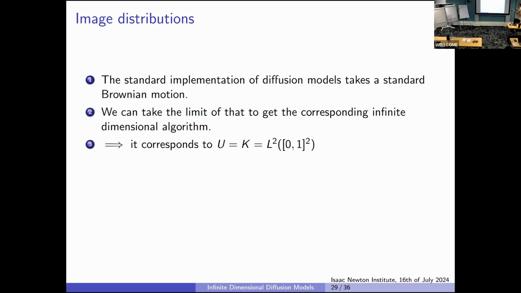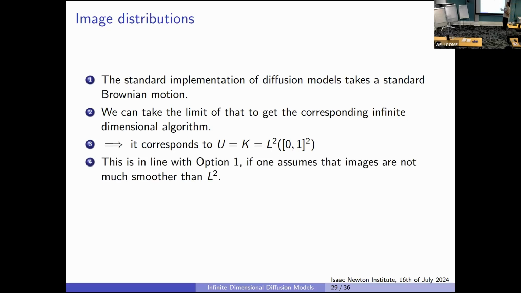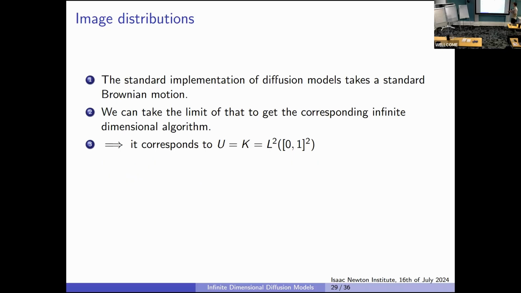But what's important to note is that this is a setting that's treatable, right? Because you don't have to add smoother noise to make it trace class or something in infinite dimensions. You can do this. You just have to view the whole thing in another Hilbert space. And in our case, we would say that this adheres to our option 1.